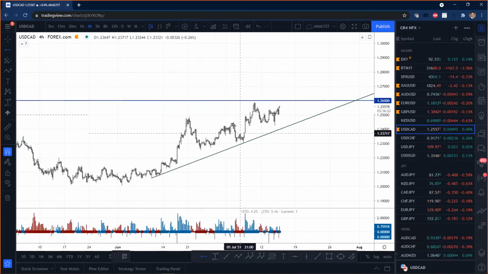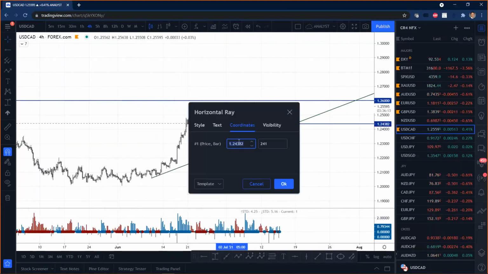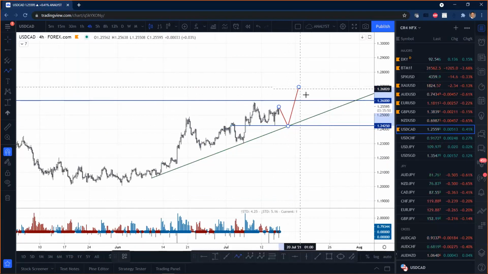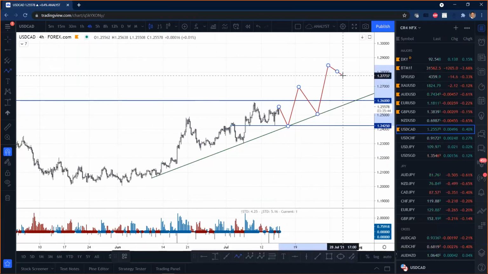So we want to watch this area here, 124.40. If we get prices moving around this area, maybe you want to go down to 124.25. Put that down there. And so map out this potential move: it comes back down to the trend line, hits there, and we may have expectations of this type of pattern emerging to the upside.